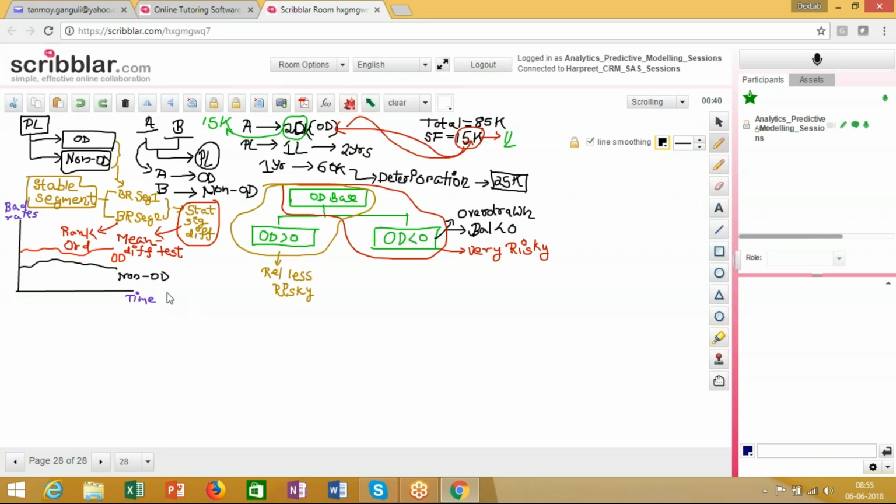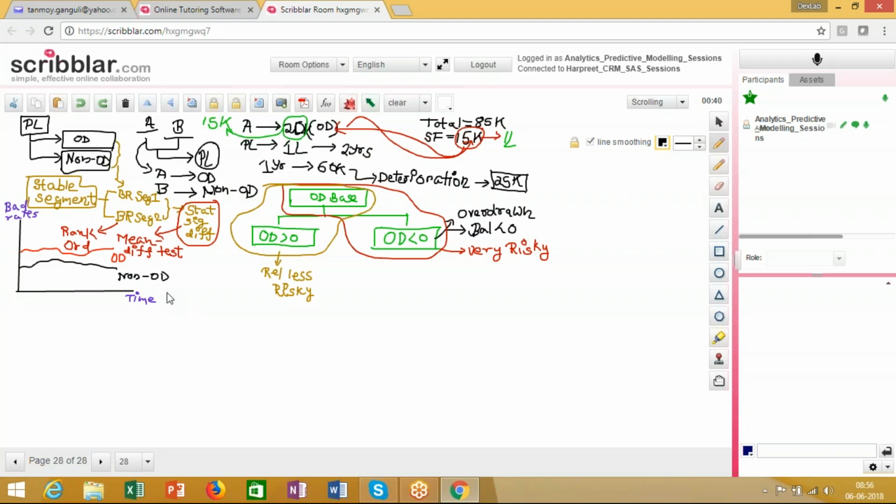Clear? Great. So this is one case where we use the mean difference test.